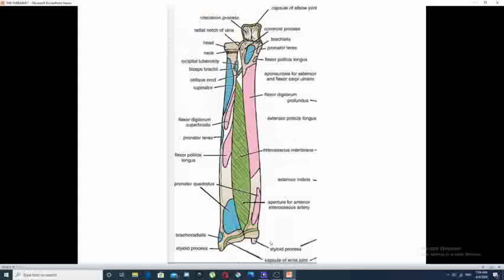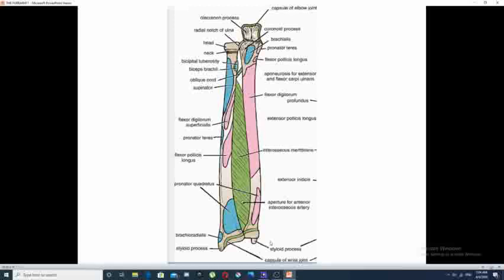Both the radius and ulna give attachment for the groups of muscles of the forearm.